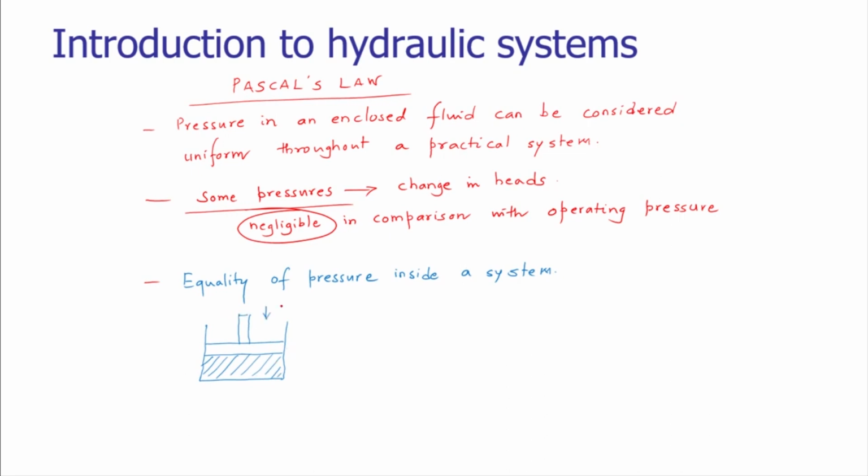Consider we are applying a force of 6 kilogram, F equal to 6 kg, and the area over which we are applying it, let us consider, is equal to 3 centimeters square.